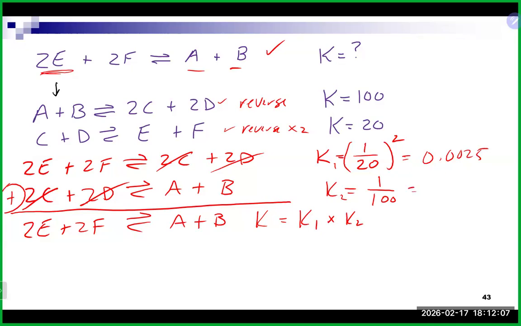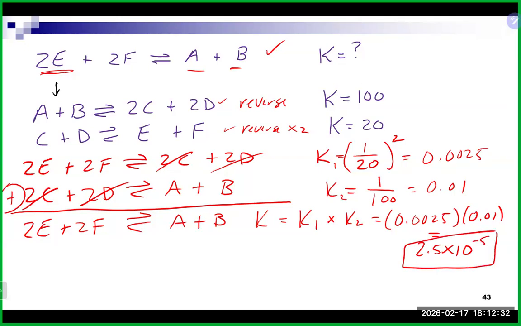We take 1 divided by 100, 0.01. So we'll take 0.0025 times 0.01. That's going to get us a K value for the overall reaction, 2.5 times 10 to the negative 5 as our answer.